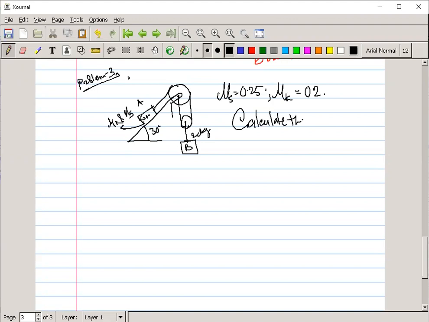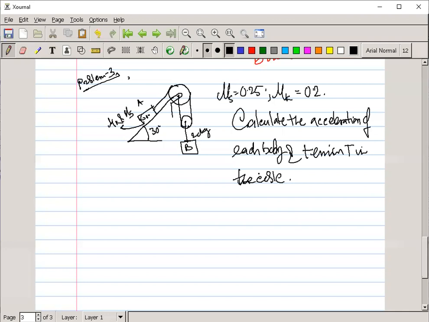Then they said: calculate the acceleration of each body and the tension T in the cable.